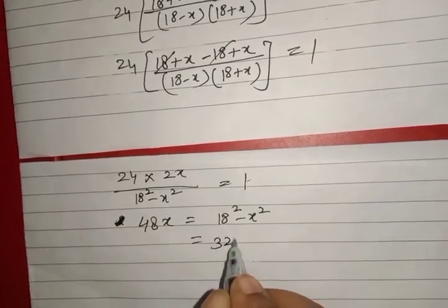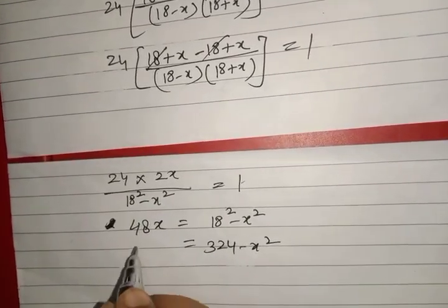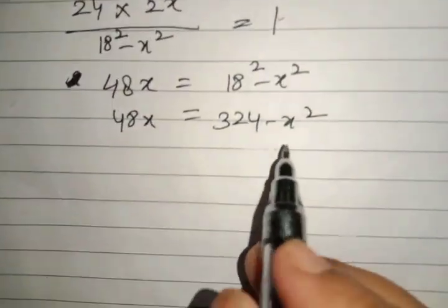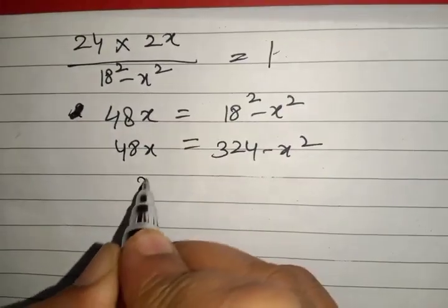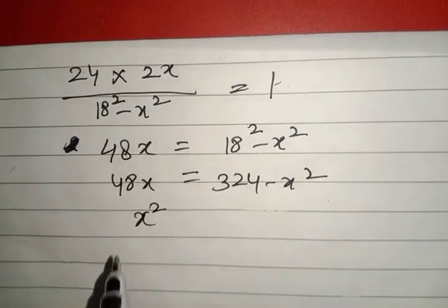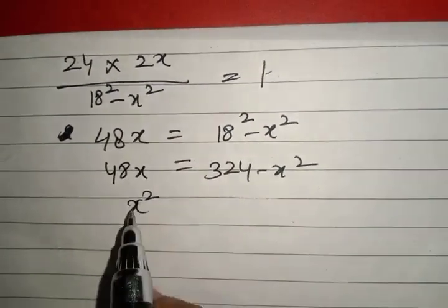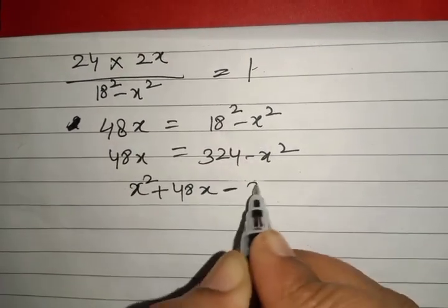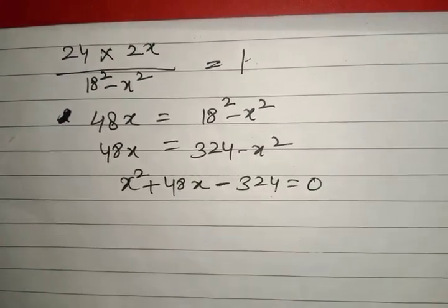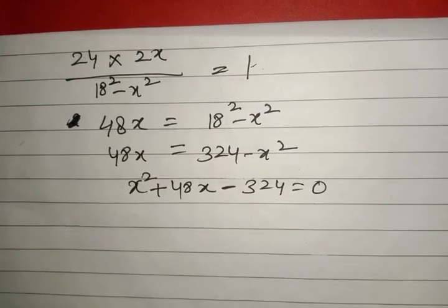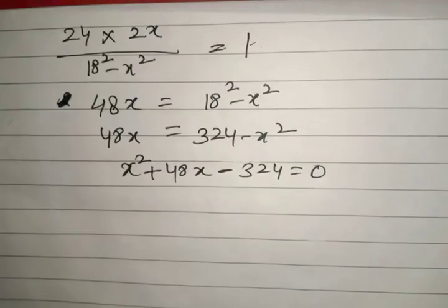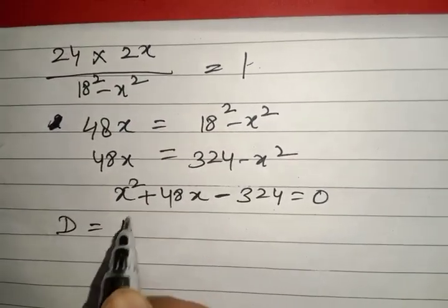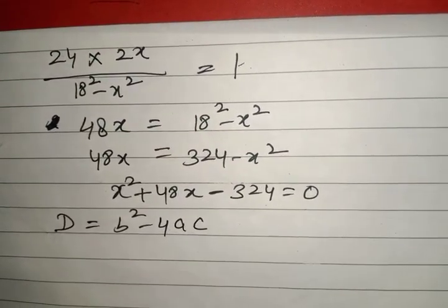18 square is 324 minus x square, 48x. So x square, shift all the terms because we need x square always positive, shift x square here, 48x as it is, then shift 324 also to the left, and we'll get this equation. And again we'll apply the quadratic formula. Quadratic formula says D is equal to b square minus 4ac.